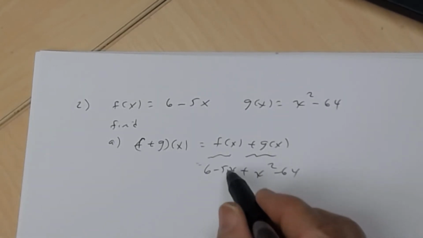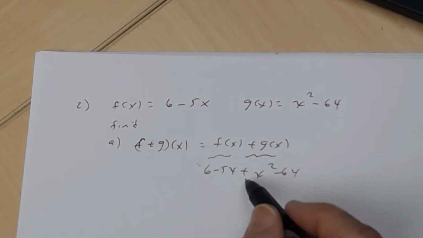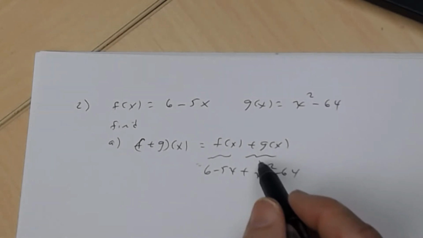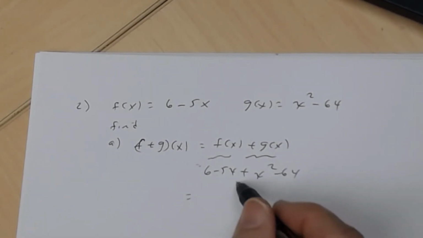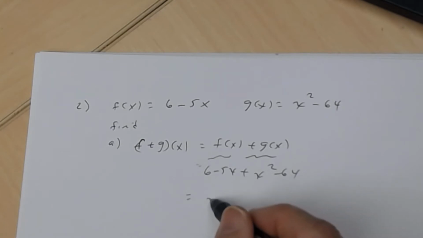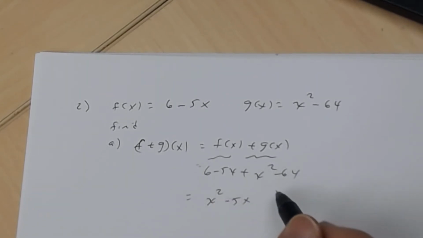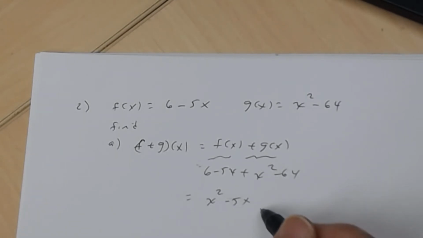Now, guys, it's not necessary to put parentheses here because I'm just adding these. If I were subtracting, it would have been necessary to put parentheses because you're subtracting both terms. You're going to see this in a little while. Combine like terms. Let's put in descending order. I get x squared minus 5x, and then 6 and a negative 64 gives me a negative 58.